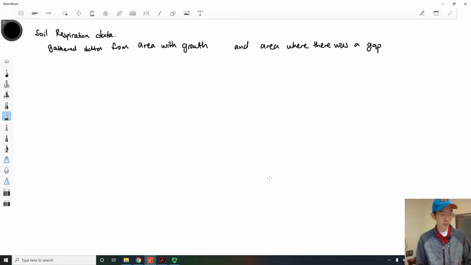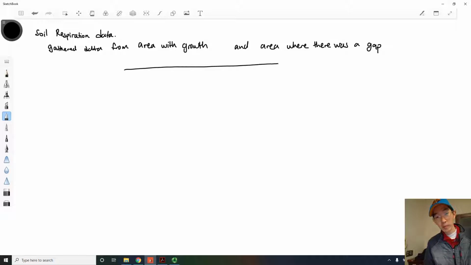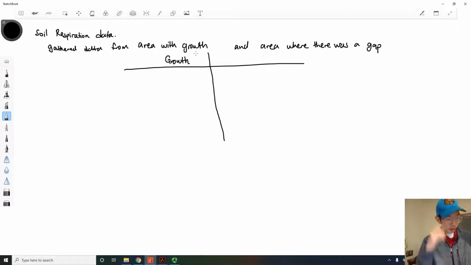I'm going to list this out. We have growth numbers versus gap numbers, the amount of carbon dioxide, arranged from least to greatest.